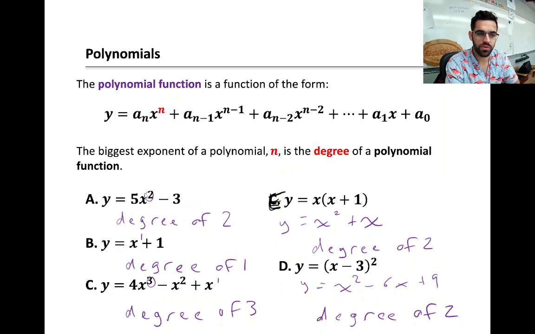So the degree for example A is 2, because that's the biggest exponent on x. Example B, we just have an x, so we could think of that as x to the power of 1, which means the degree for this polynomial is 1. Example C is a degree of 3. And our new example E, when you multiply this out, we get an x squared, so we have a degree of 2. And then similarly, we multiply this out, we have a degree of 2.